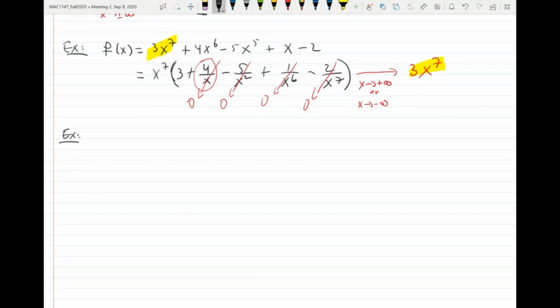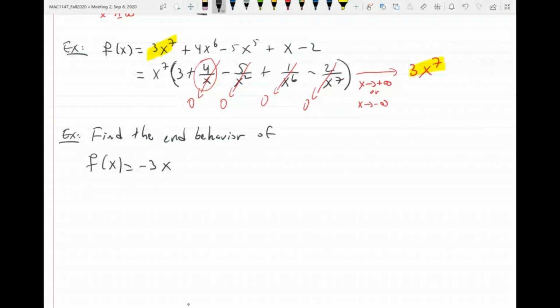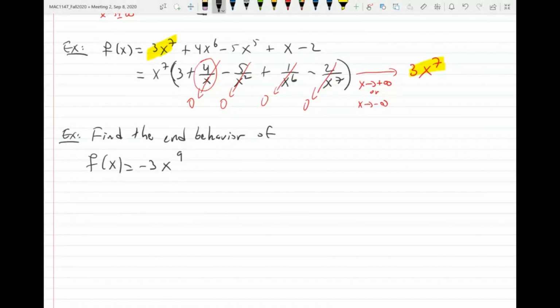So, example: find the end behavior of, and then let's put f of x equals negative 3 times x to the 9 plus 3000 x to the 5th minus x squared plus x plus 10 to the 20.